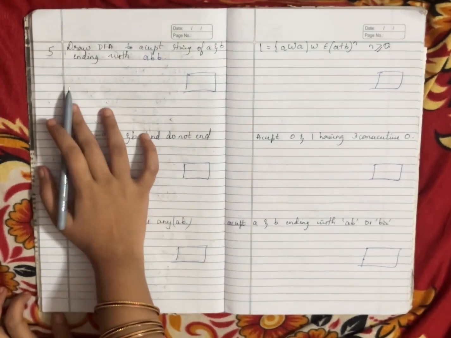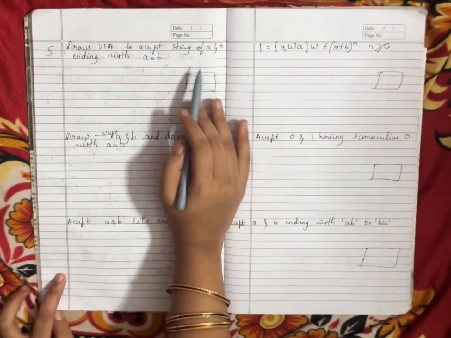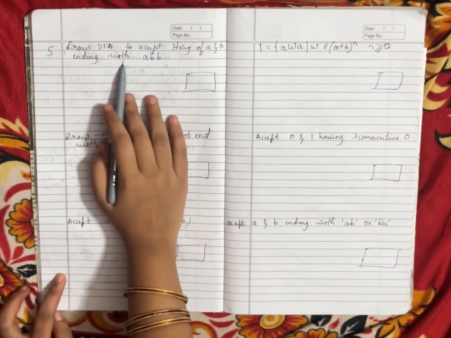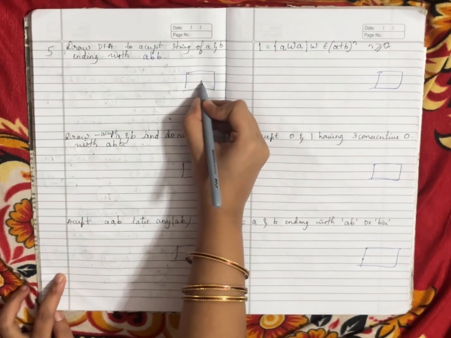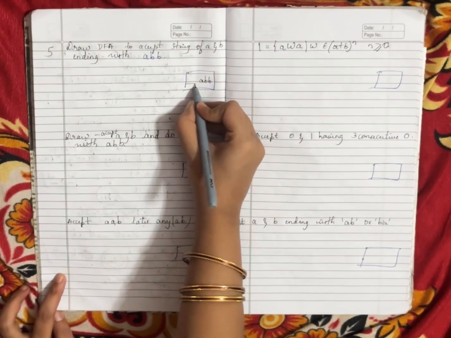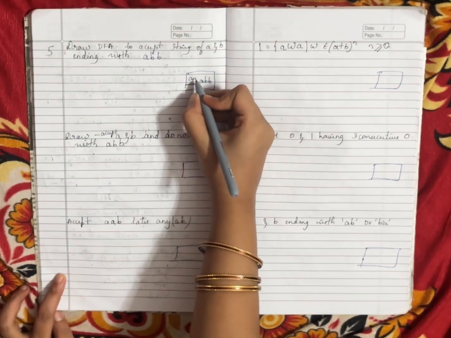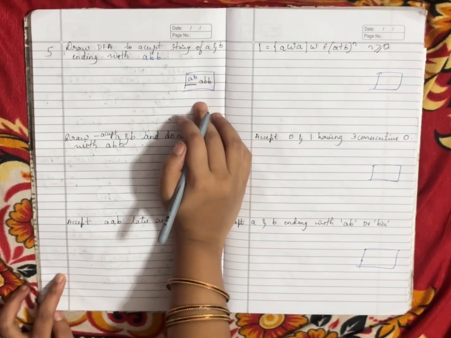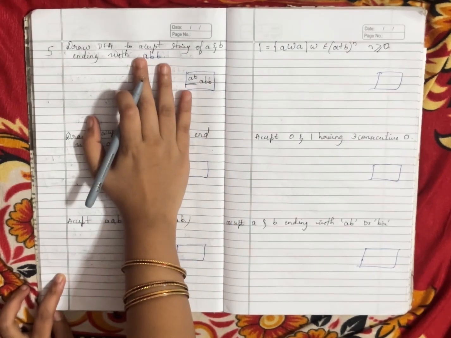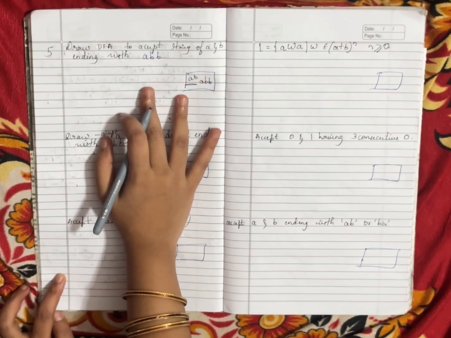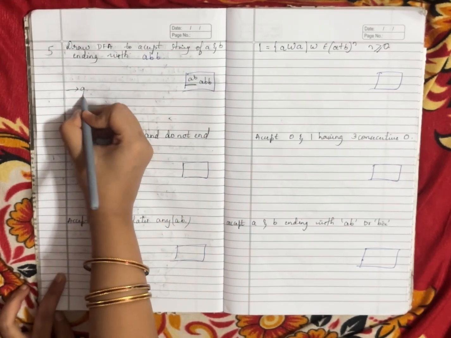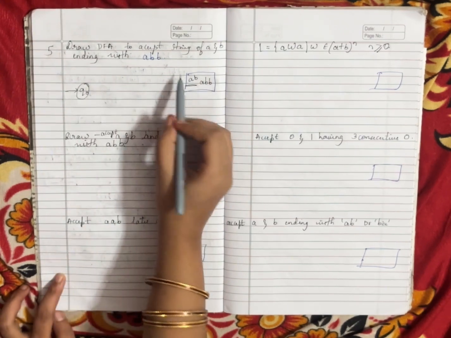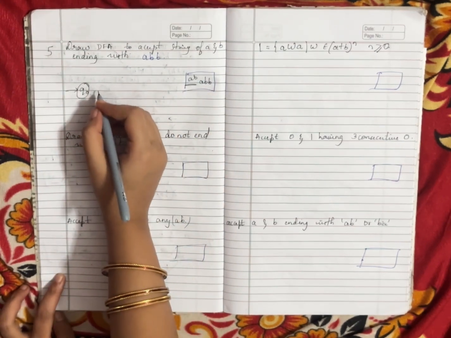In the 5th question, draw a DFA to accept strings of A and B ending with ABB. So it should end with ABB. Before that, it can either have A or B. That doesn't matter. Whatever condition is given in the question, we will represent that first. The starting state is called Q0, and they have told it should end with ABB, right?